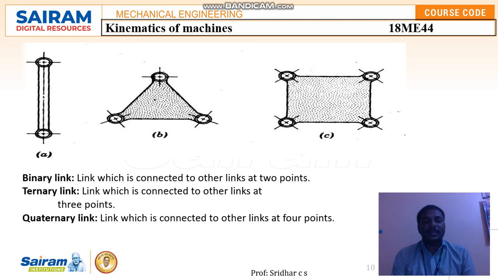We can fix n number of links in order to transmit the motion, depending upon the type of motion and where it is applicable. You can see here we can fix one more link and transmit the motion. So we can fix n number of links for all these types of links in order to transmit the motion.